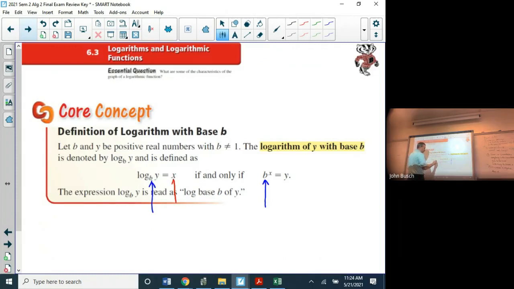So this is a power, and its corresponding position is that position, the power on the exponential. And then the argument inside of the log, the number you're taking the log of, has a corresponding position also, and it's right there.